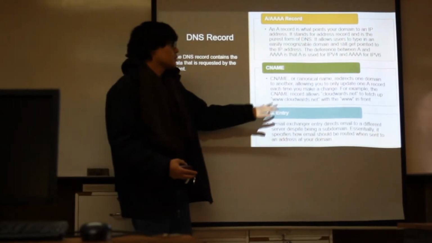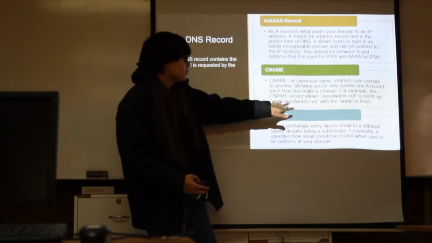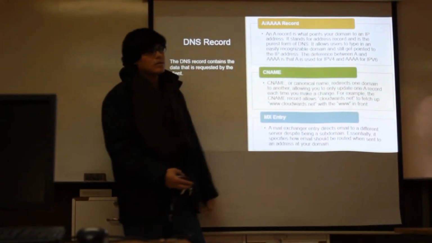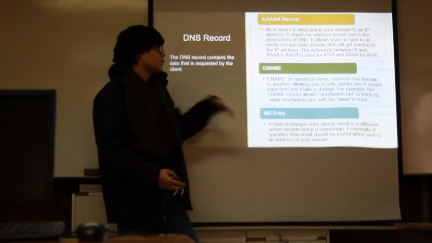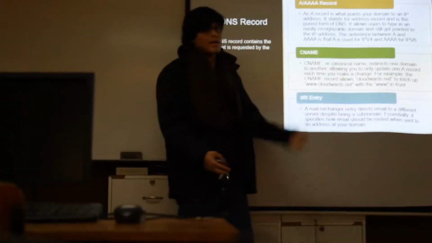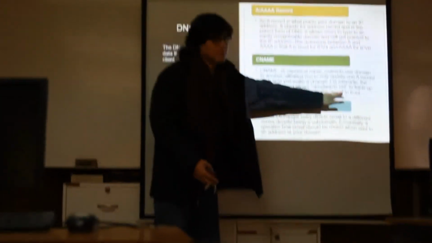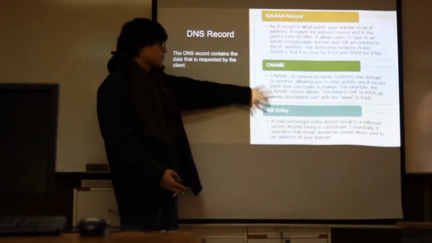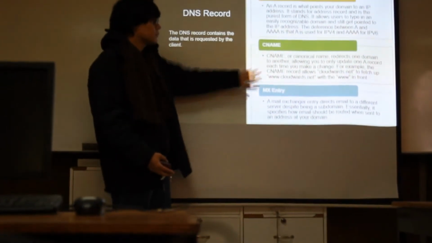Like if you want to access www.cloudworks.net, the CNAME makes it so that if you enter cloudworks.net, it will provide you with the IP without the www. Quite simple, this one also.